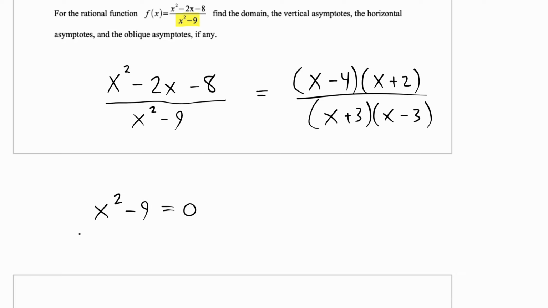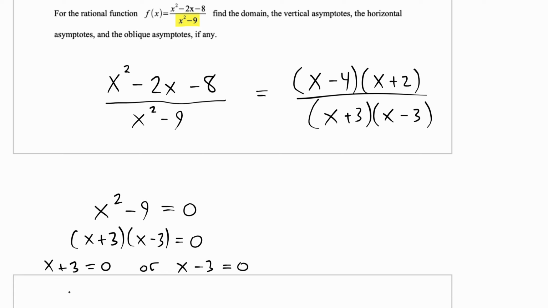So I'll rewrite this in its factored form. x plus 3 times x minus 3 equals 0. So by the zero factor law, x plus 3 has to equal 0, or x minus 3 equals 0. We can solve it by subtracting to reveal that there's a 0 at -3 and also a 0 at 3.